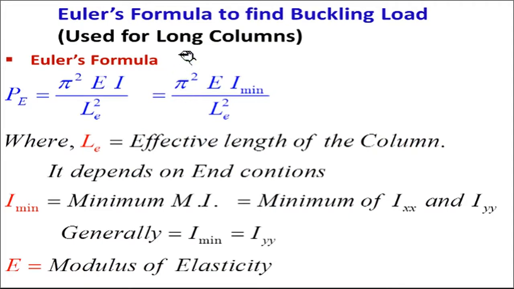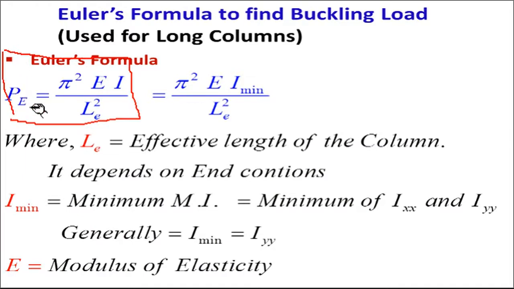Now, in every book the derivation of Euler's formula is available. I have not derived Euler's formula here; I have directly written the final expression. So this is Euler's formula. PE, where E stands for Euler. P means Euler's buckling load, Euler's crippling load, Euler's critical load.